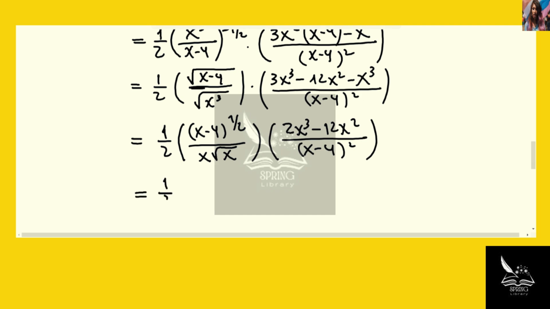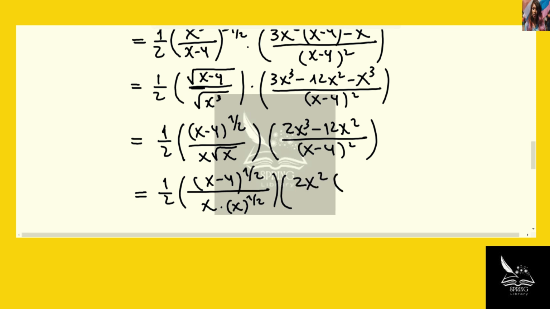And this is 1/2 times x minus 4 to the 1/2 over x times x to the 1/2, times 2x squared common factor of x minus 6 over x minus 4 squared.